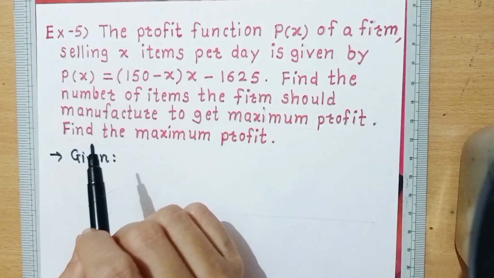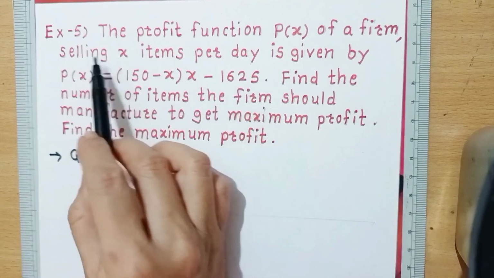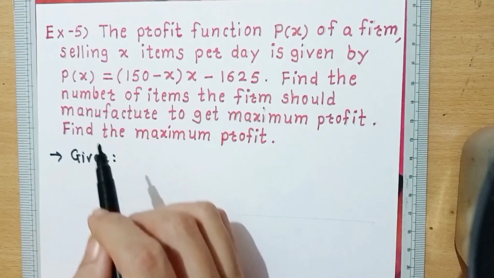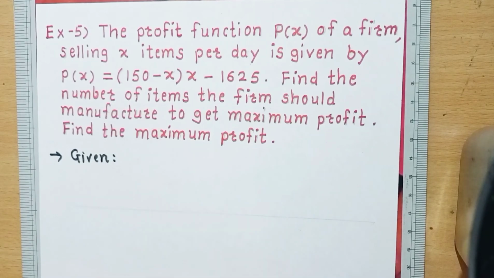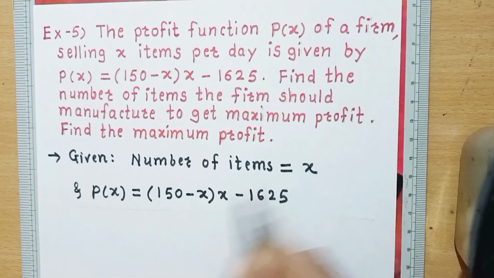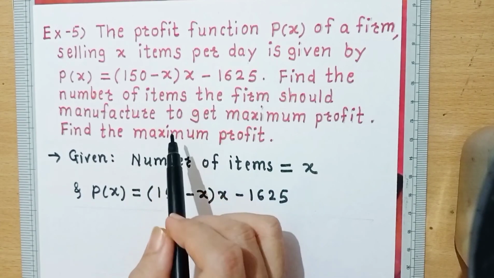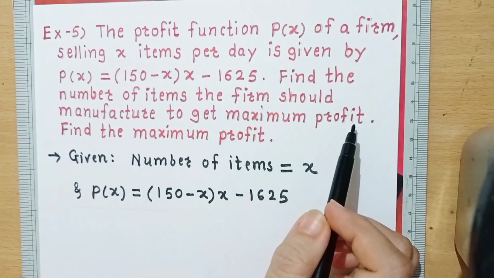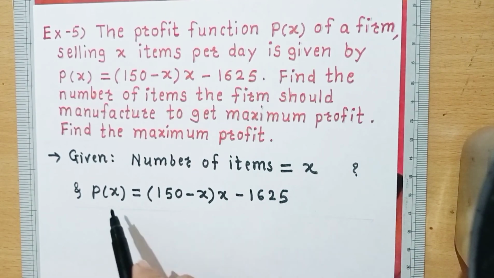This is our fifth example, and here this is the profit function by selling x items. So first we will write the given things, so number of items is equal to x, and this is the profit function. Now read here again, find the number of items to get maximum profit. That means we have to find the value of x at which P(x) is maximum.